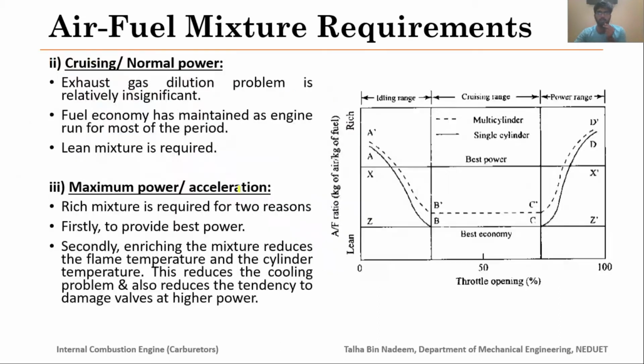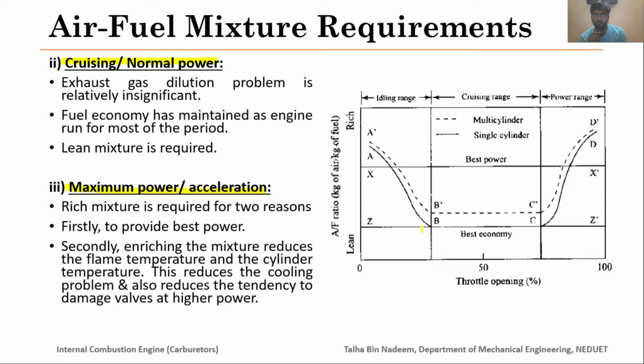Then we also studied the cruising and normal power operating range. Then we moved to maximum power acceleration. We also discussed this graph, and we concluded by saying that for starting of the IC engine, we basically require a rich air fuel mixture, and for the normal operating conditions we require the best economy mixture.